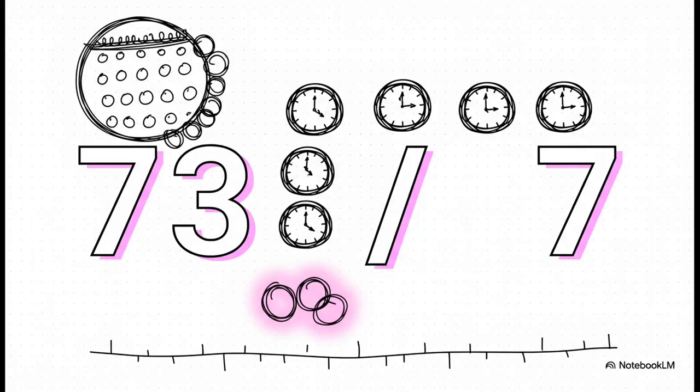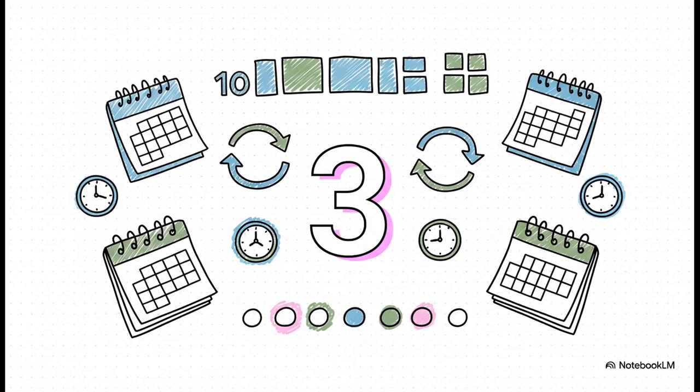Okay, step 1, we take our 73 days. All we care about are the leftover days after we take out all the full weeks. So we divide 73 by 7. That gives us 10 full weeks, with a little bit left over. And those leftovers are the only thing that matters. And there it is. The remainder is 3. So in 73 days, you have 10 full weeks that don't change the day of the week at all, plus 3 extra odd days.